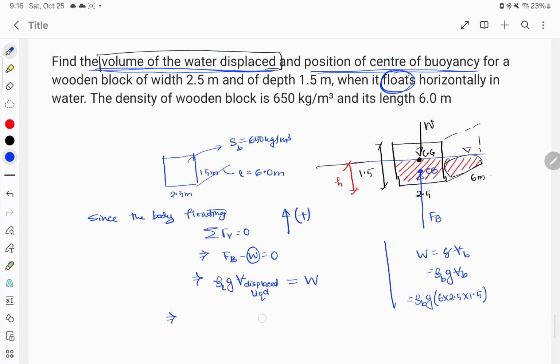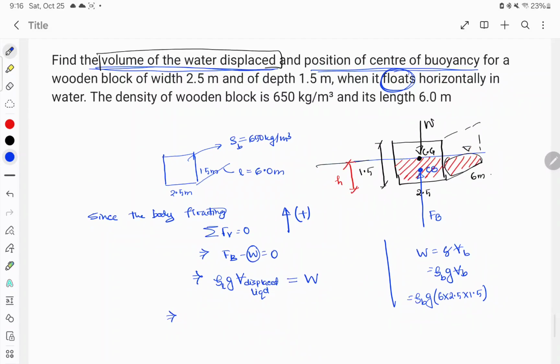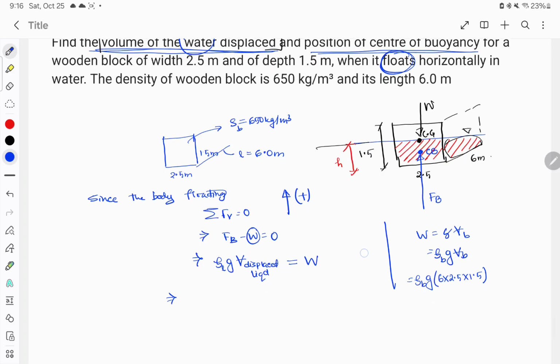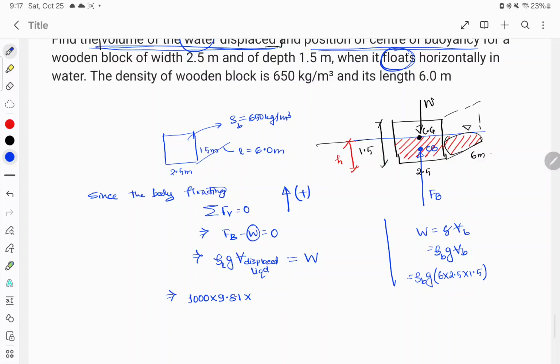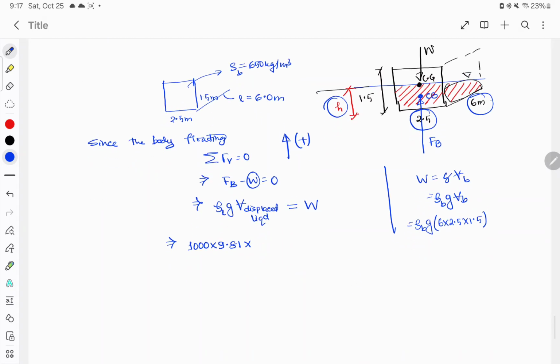Let us see if we know the liquid in which the block is immersed. He has said water, volume of water displaced. So we know that the liquid is water, and the density of water is 1000 into 9.81, and the volume of the liquid displaced has height h, width 2.5, and length 6.